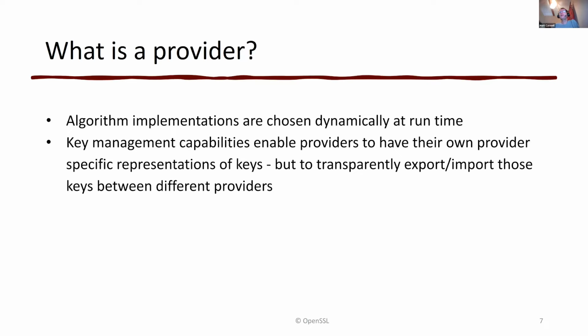Another important feature is the key management capabilities within providers. Each provider has its own representation of a key, which is internal to that provider, but we can transparently export and import keys from one provider to another so that you can, for example, load a key in one provider and use it in another.